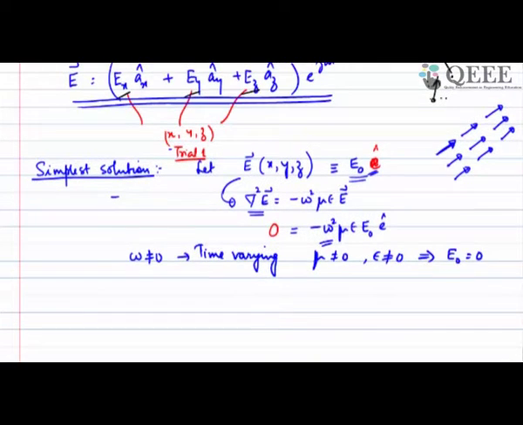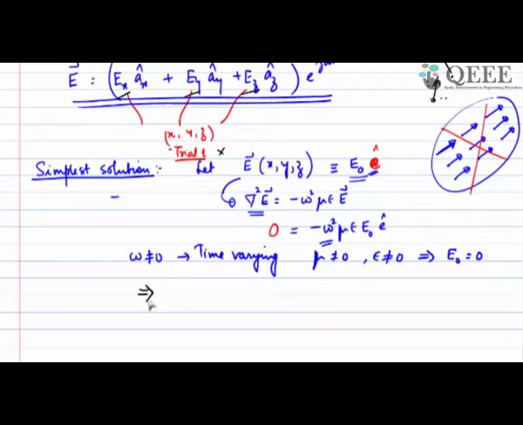Which means I cannot find a field like this. This is not an acceptable solution. The magnitude of the field is 0. It is a moot point, right? It is a moot solution. I cannot think of a solution where the field is 0. That is a redundant solution. So this trial 1 is unsuccessful.